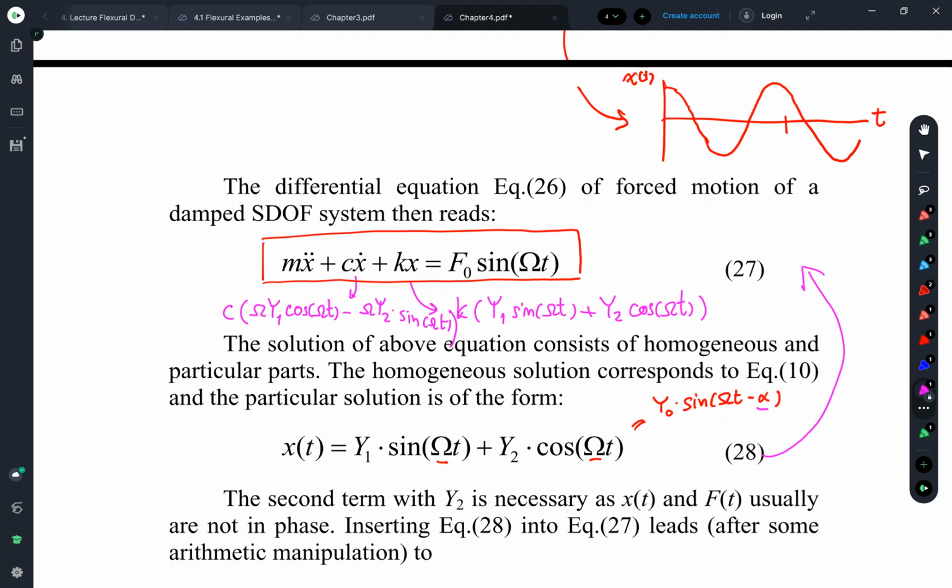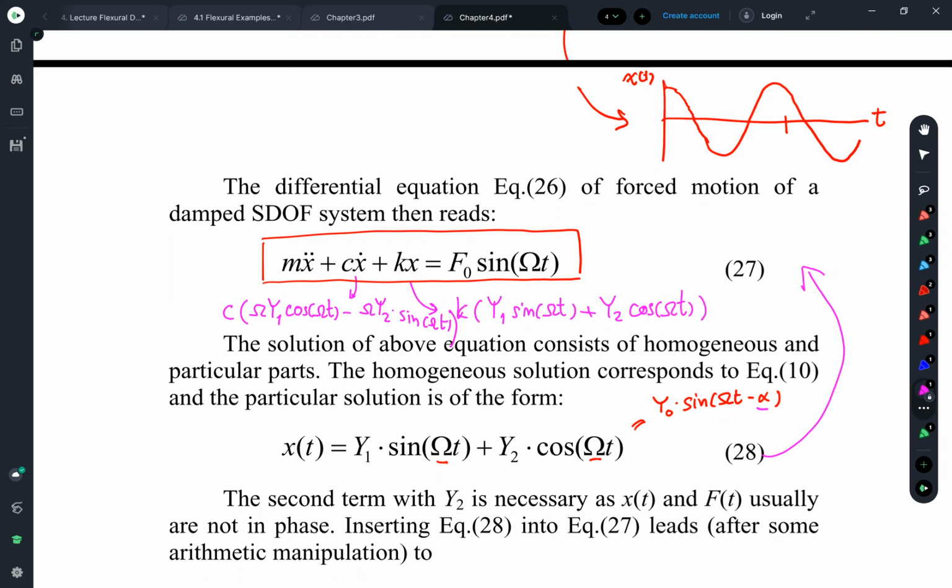So the coefficient of the cosine term is set equal to 0, and the coefficient in front of the sine term is set equal to big f0.